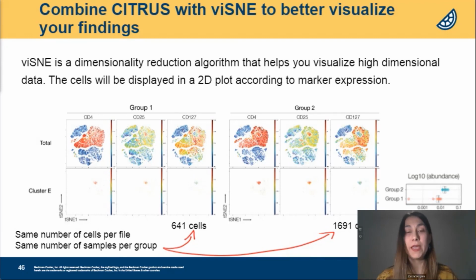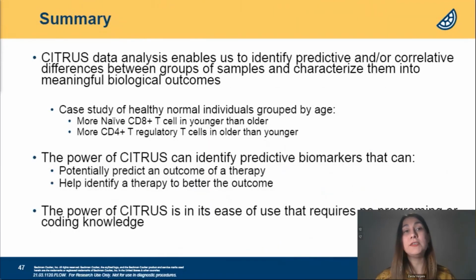So just to summarize, today we have been using the Citrus data analysis that enables us to identify predictive. Today we have focused on predictive tools, but it also gives us information about the correlative differences between groups of samples. And like that is going to help us characterize different groups of samples in a meaningful biological way.